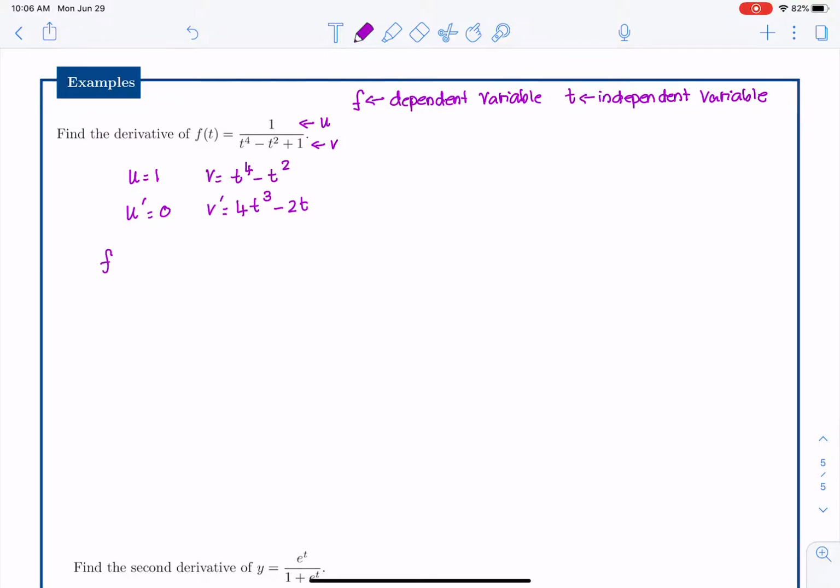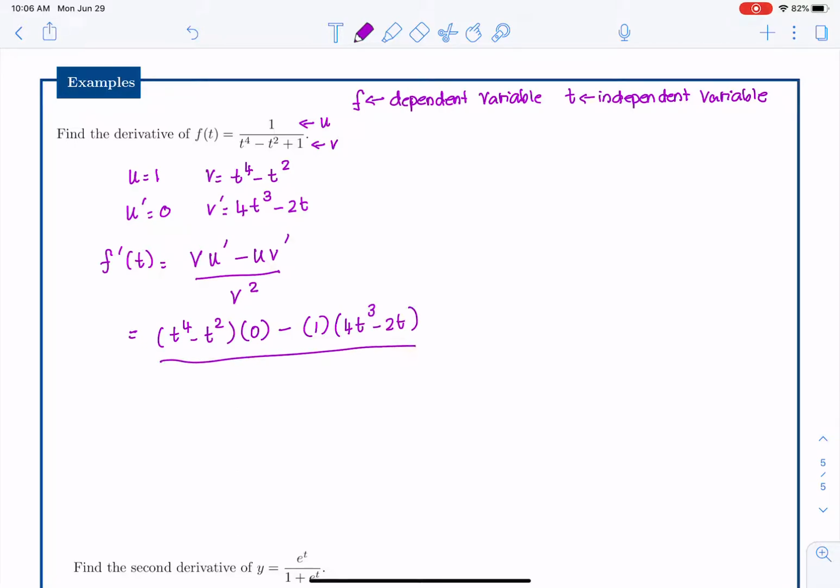So f prime of t is simply v u prime minus u v prime divided by v squared. So v is t raised 4 minus t squared. Luckily, u prime is 0, u is simply 1, and v prime is 4t cubed minus 2t.